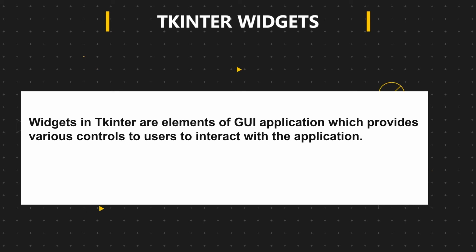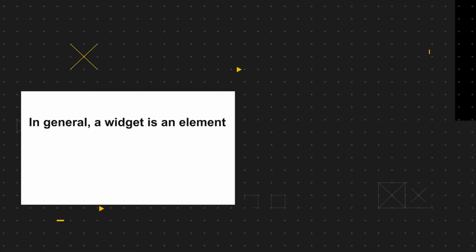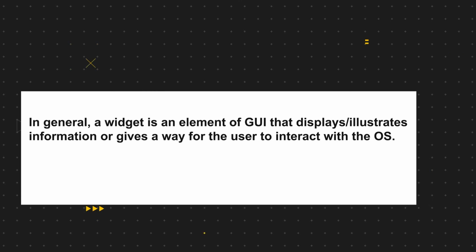We also have buttons, menu bars, and radio buttons as well. We have lots of widgets. In general, a widget is an element of a graphical user interface that displays information or gives a way for the user to interact with the operating system.